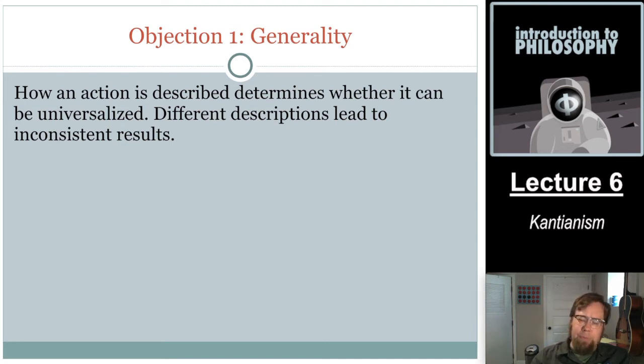And you can describe that action in a more general way, and that'll make it seem not so bad, according to the categorical imperative. I could also take that same action and describe it in a less general, more specific way.